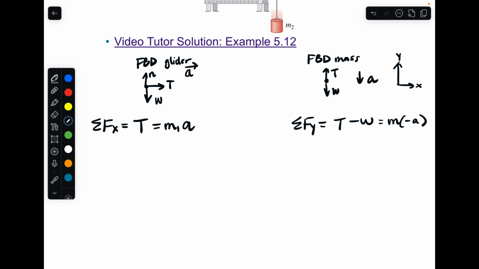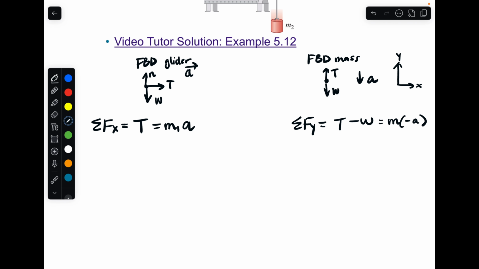We need to include that negative sign, because what is on the right-hand side is the direction of the resulting force, which is the acceleration direction. Since that's downward, we need to incorporate the negative sign on the right-hand side.